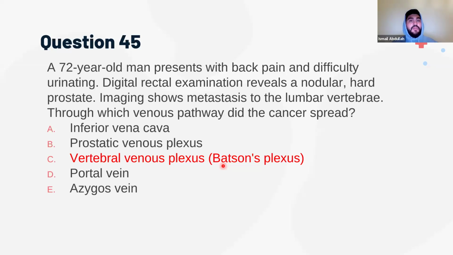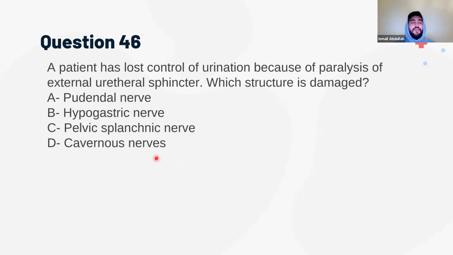Then comes BPH. But since the DRE was done and it was nodular and hard, then it's definitely cancer. And this is how it spreads. I think 3 years ago when I was first here, this was a question in the SAQ. I'm not sure, but definitely we were asked.